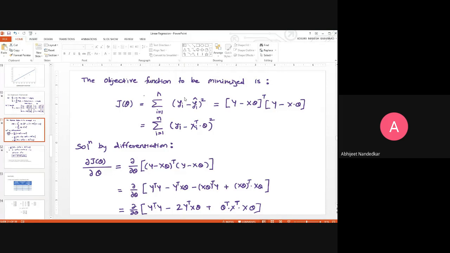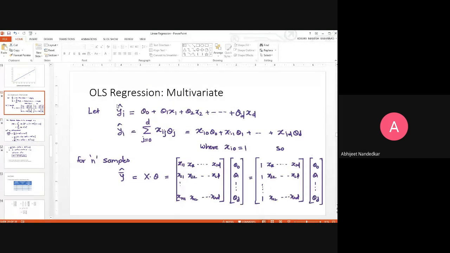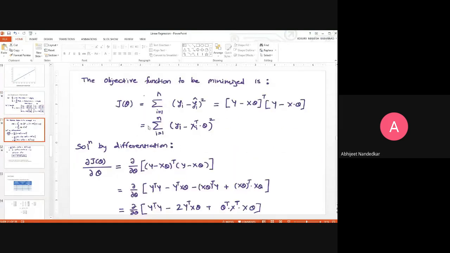I can use the first equation to compute the estimated value. Then I take the difference between the estimated value and the actual value, and I square it, because the difference can be negative or positive. If I add all the differences, it may happen that the sum is 0, but actually that is not the case; my fitting is not proper. So we square the differences so that this positive-negative issue does not exist.